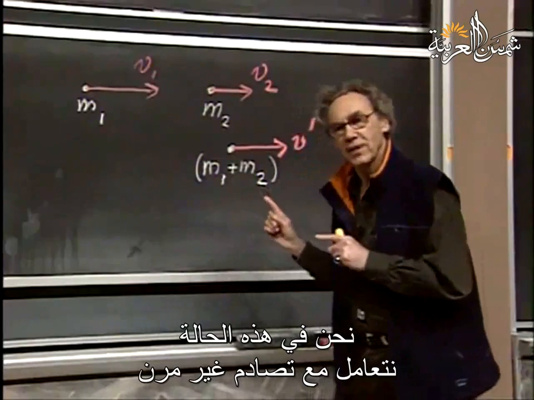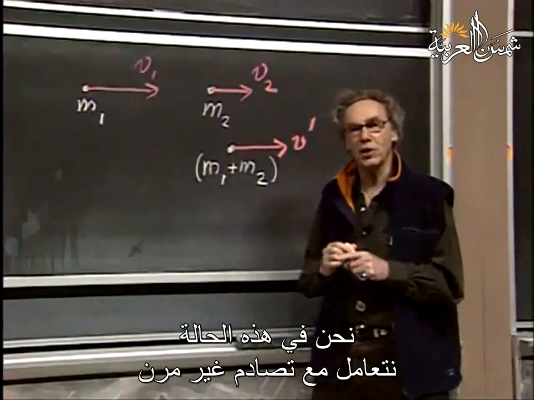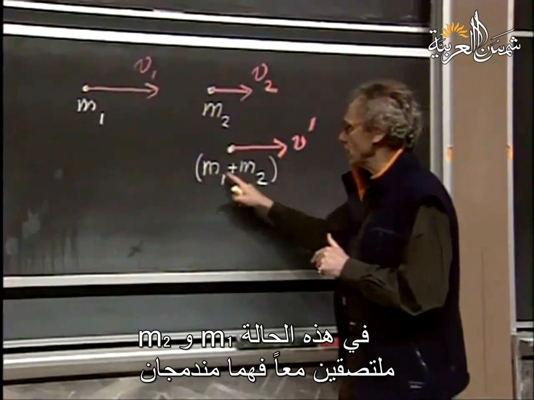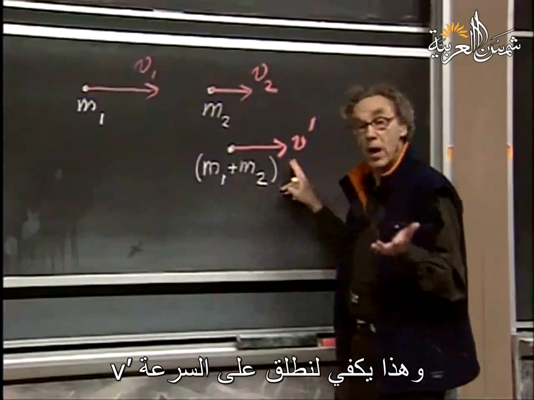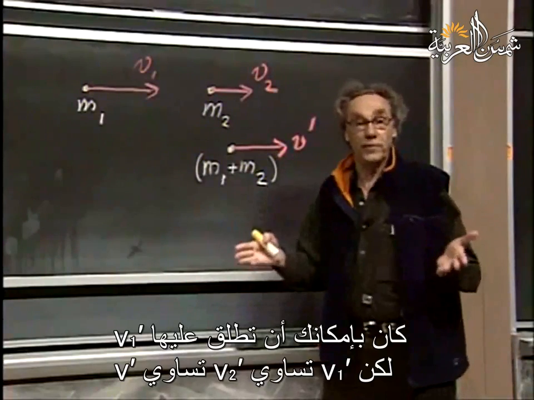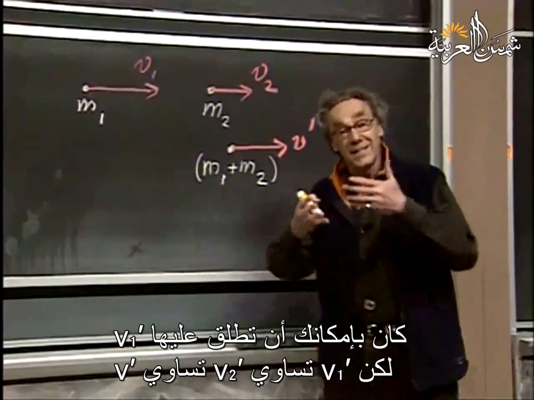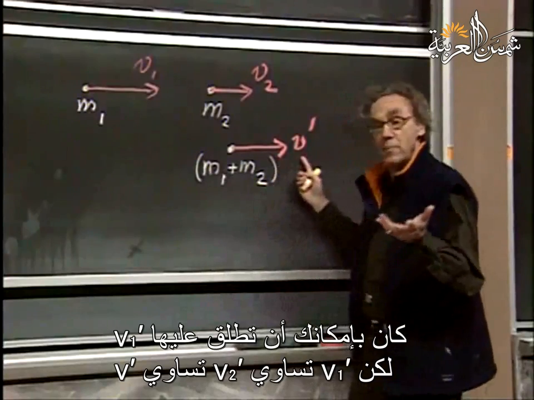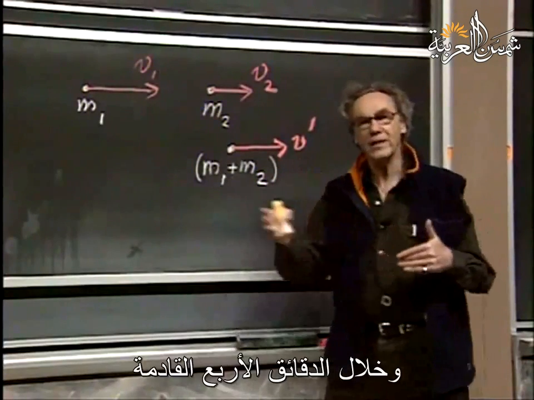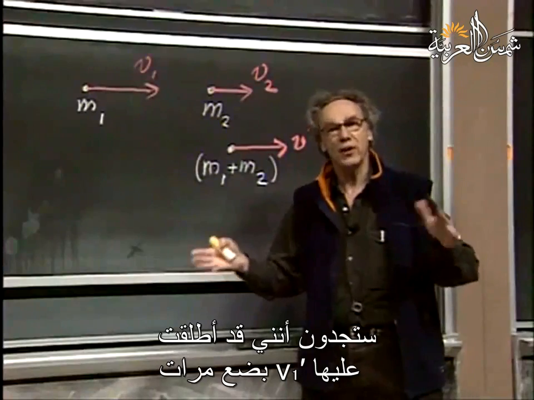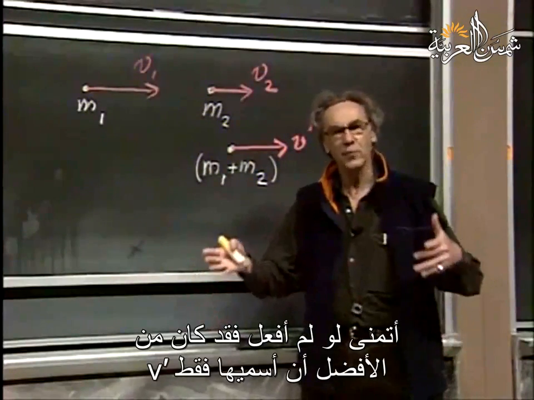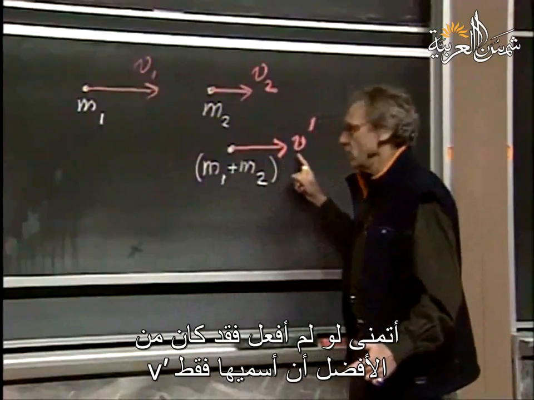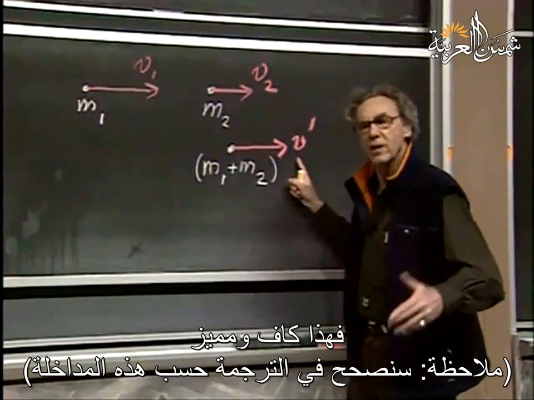Now in this case, we're dealing with an inelastic collision. So m1 and m2 are stuck together. They are merged. So it is sufficient to just call it v prime. You could have called it v1 prime, because v1 prime is the same as v2 prime, is the same as v prime. And during the next 4 minutes, you will see that a few times I call it v1 prime. I wish I really hadn't. It would be better if I had just used v prime. That is unique and sufficient.